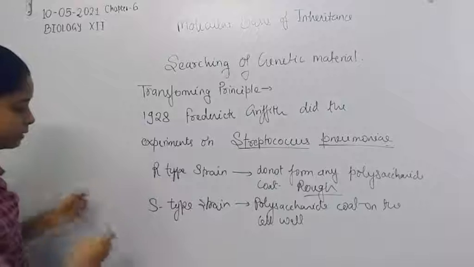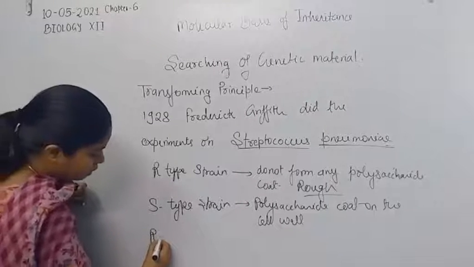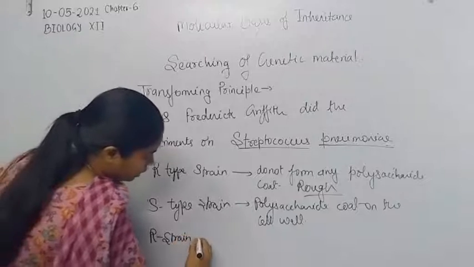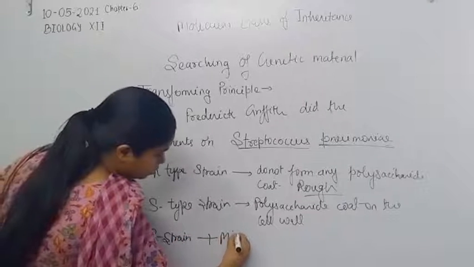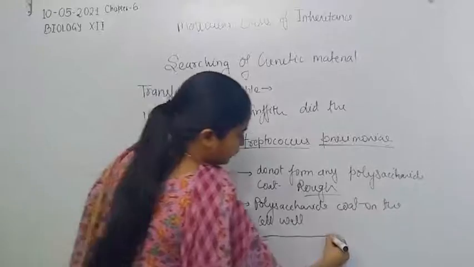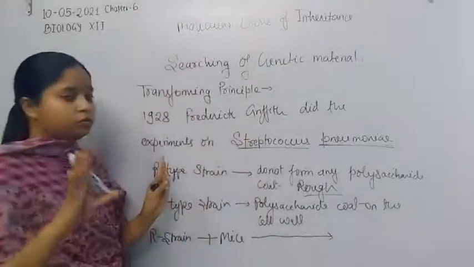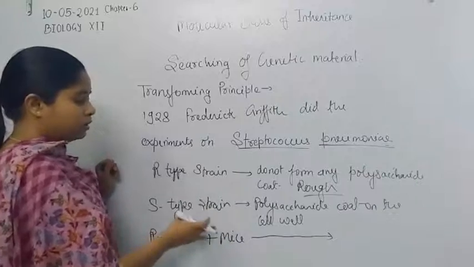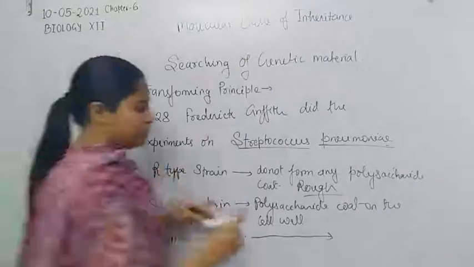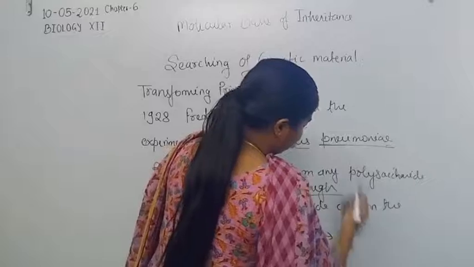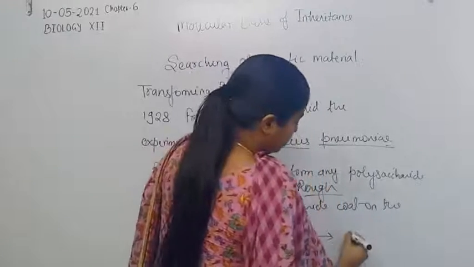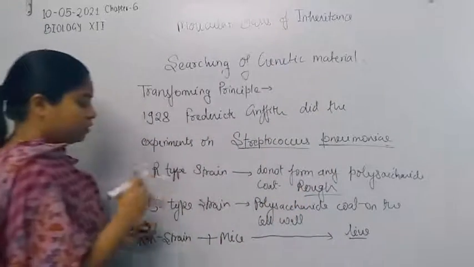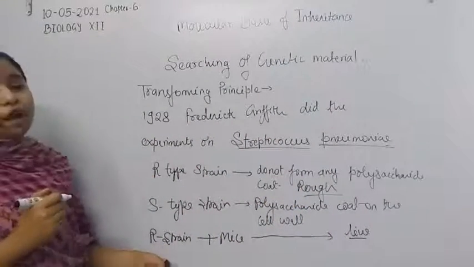When he injected the rough type, or R strain, into mice, no pneumonia was observed in the mice, and the mice stayed alive, because the R strain is non-virulent.